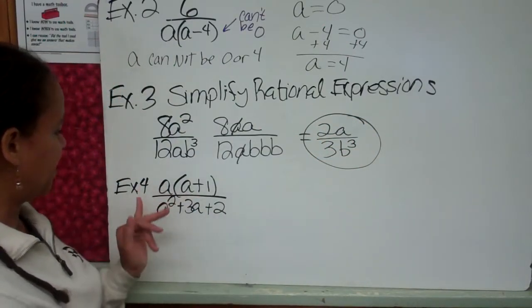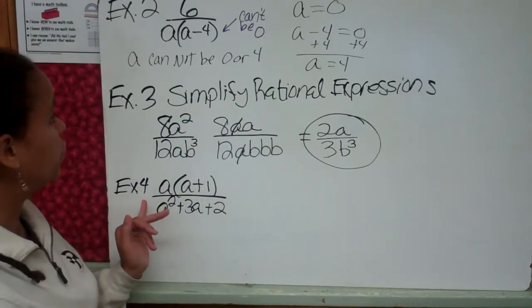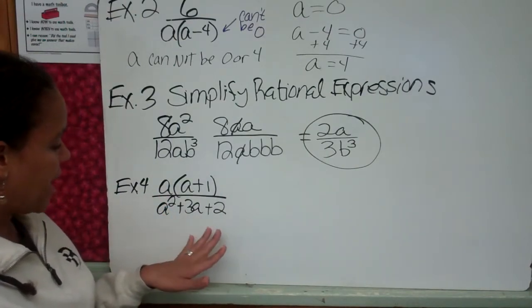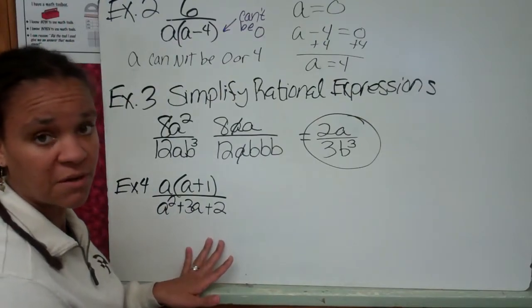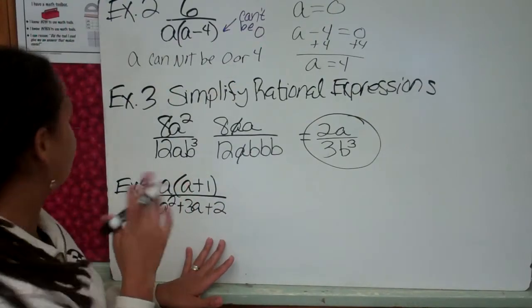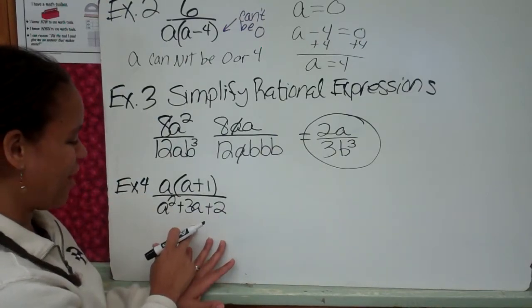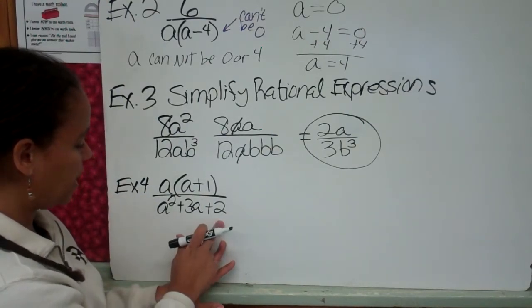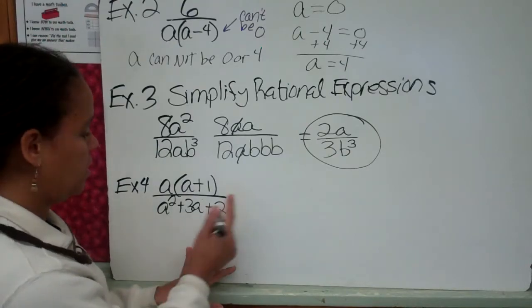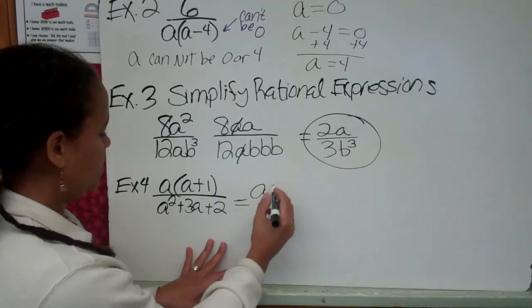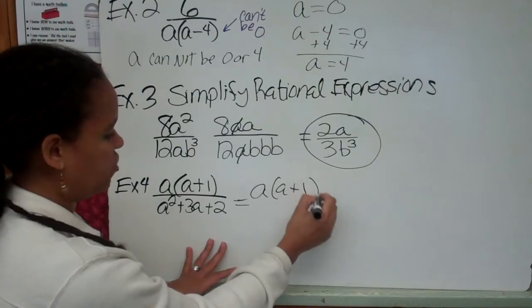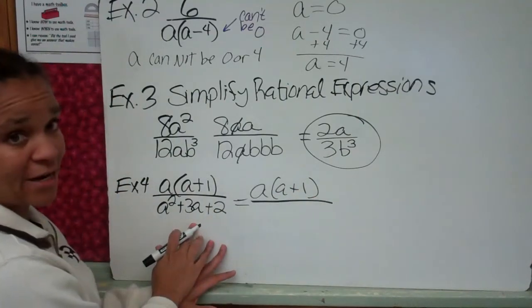All right, example 4, we're going to try to simplify this, and let's factor and see what our factors could be. If you remember back from the beginning, it said we're going to factor and cancel out the common ones. Well, we know how to factor now, so we want to find two numbers that multiply to 2 and add to 3. So I'm going to rewrite this. The top is a plus 1, that hasn't changed. The bottom, we're going to factor.